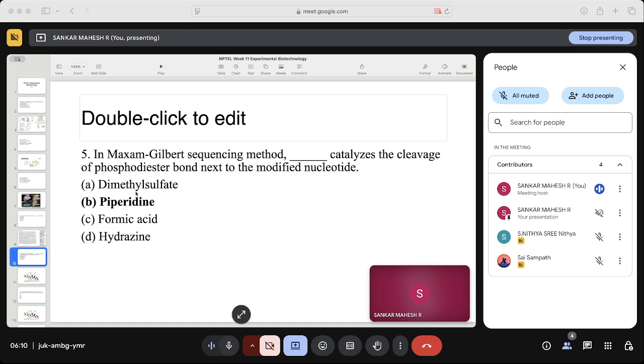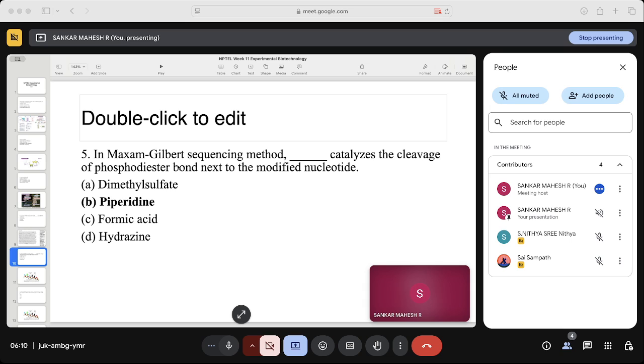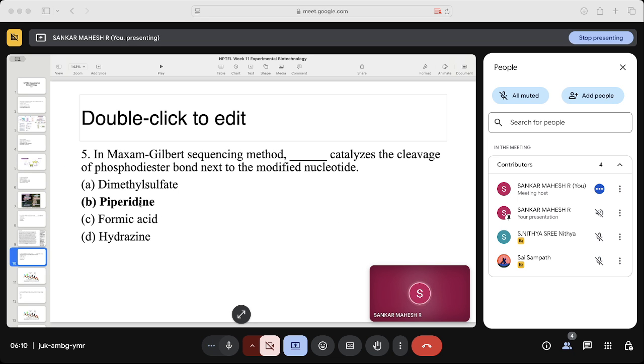These can specifically act on selective bases, and piperidine will cleave the phosphodiester bond that is next to the modified nucleotide. So among these, the right answer is piperidine.